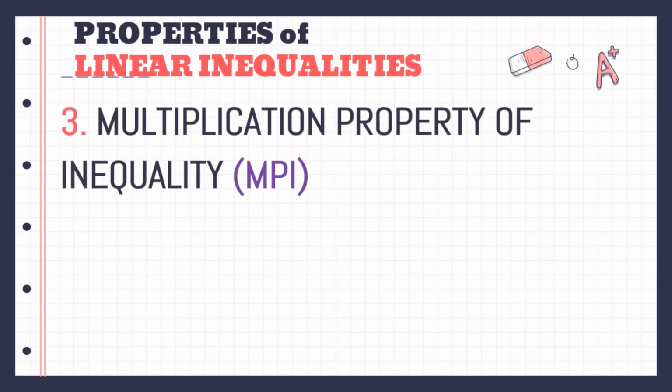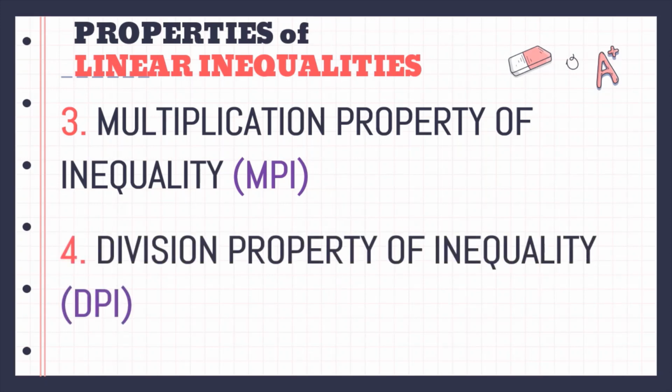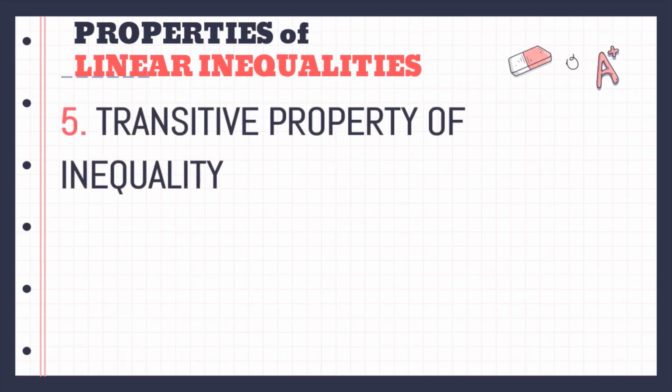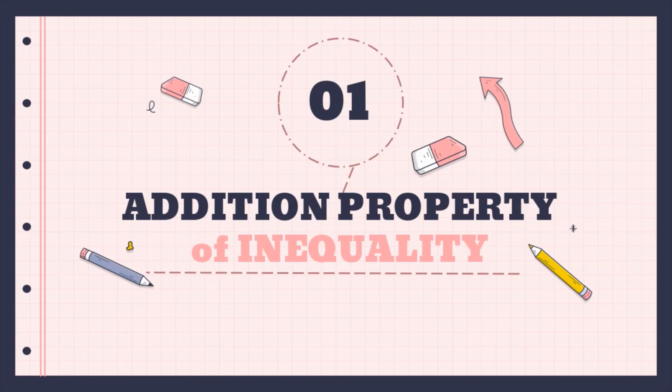Multiplication property of inequality or MPI. Number 4, division property of inequality or DPI. Next, number 5, transitive property of inequality. Number 6, comparison property of inequality. Okay, so we will explain it one by one.